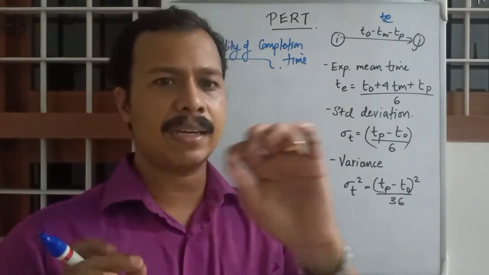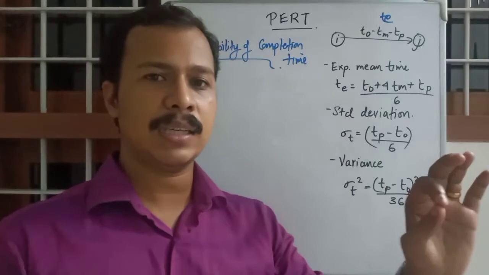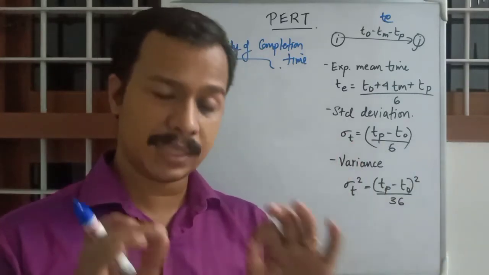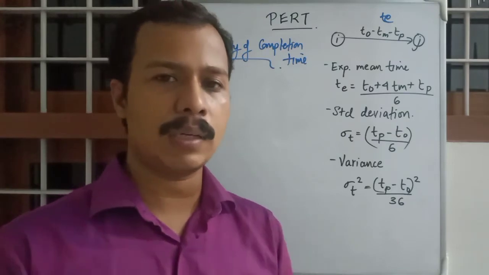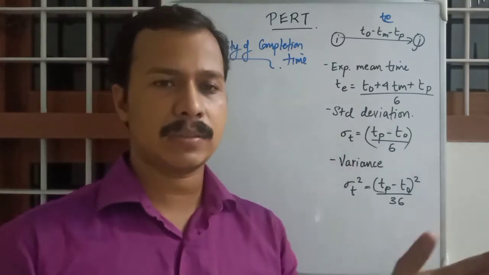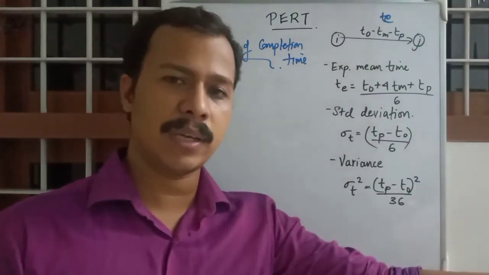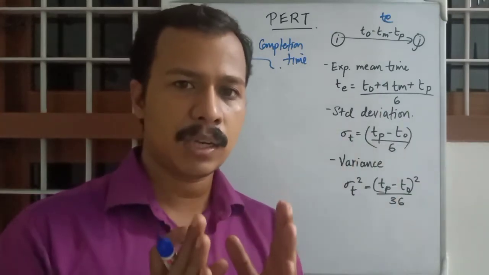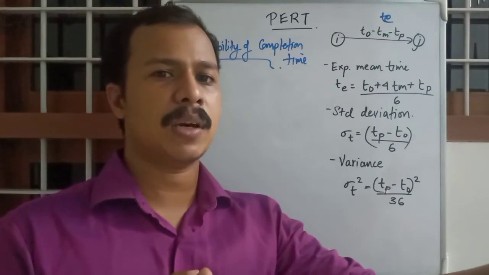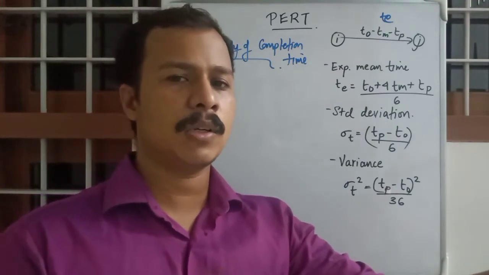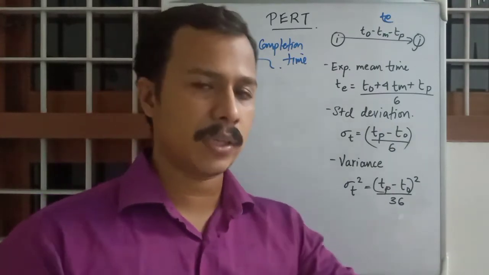So we will have a critical path duration, and with respect to that critical path duration, you want to know the probability of variation. There can be positive variation. For example, we are considering a critical path duration of 15 weeks, and if 16 weeks is scheduled, we want to know the probability of that positive variation.